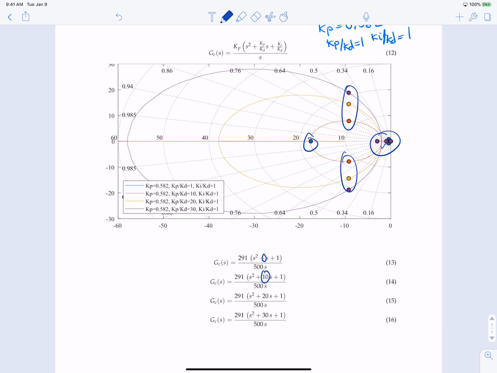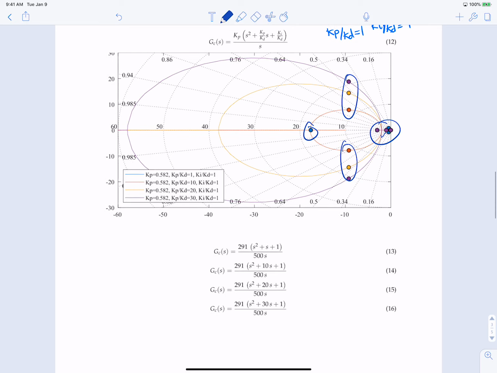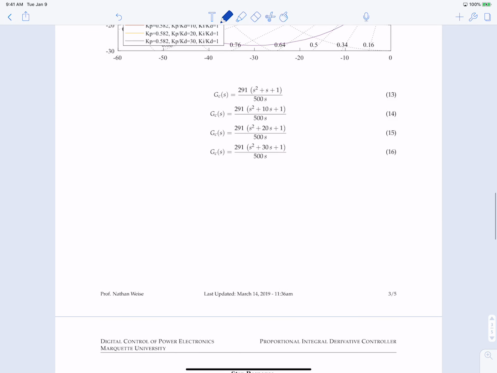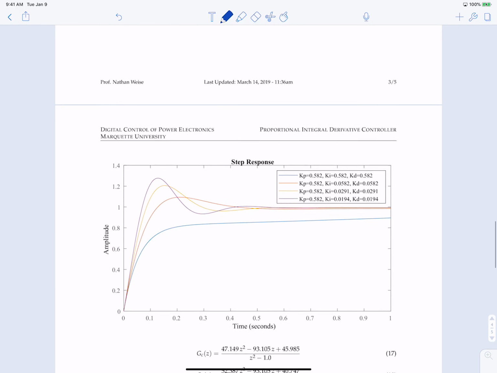See, I have 1, 10, 20, and 30. This is my Ki by Kd. It's set for 1 for all of these. And so what I'm going to do here is look at these 4 controllers' responses.